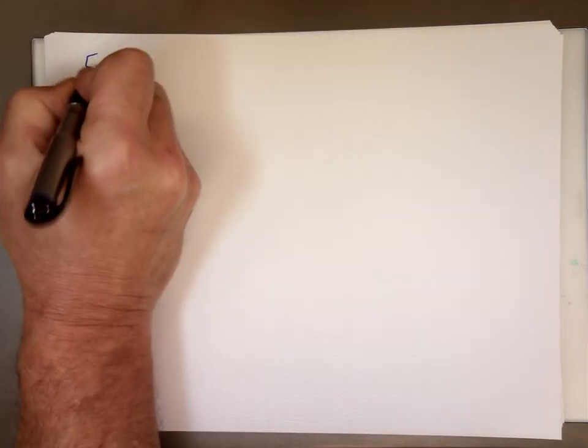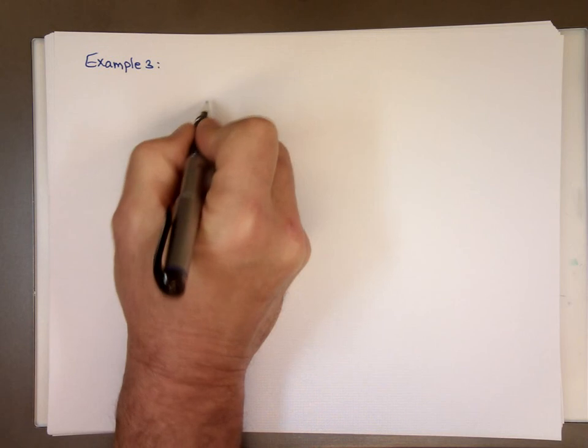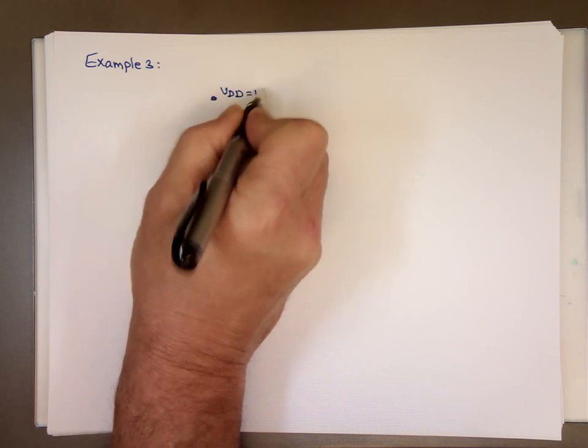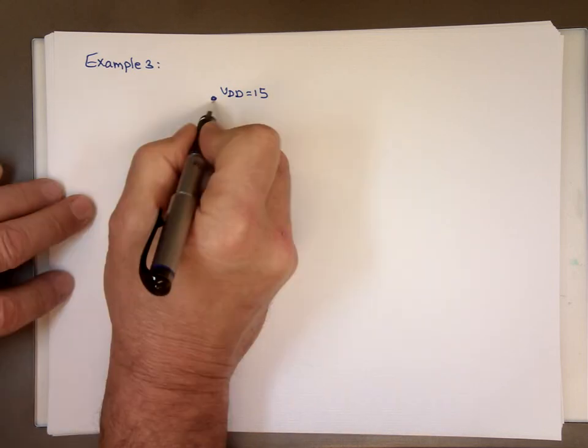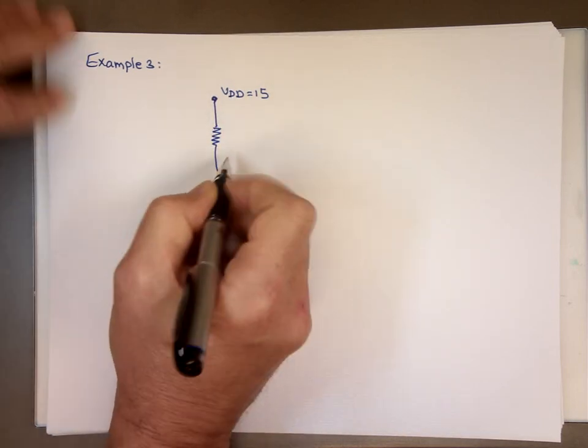Let's try another example. Example 3. Let's say we have this circuit. We have VDD equals 15 volts. We have a resistor here of 3K.